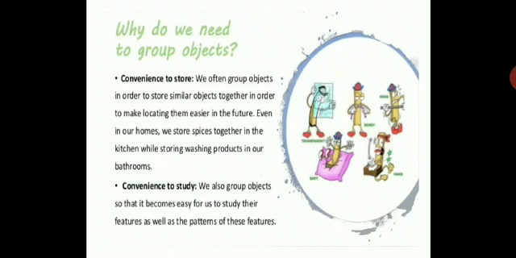Even in our homes, we store spices together in the kitchen while storing washing products in our bathrooms. Also, convenience to study. We group objects so that it becomes easy for us to study their features as well as the patterns of these features. So, that's why we need to group objects.